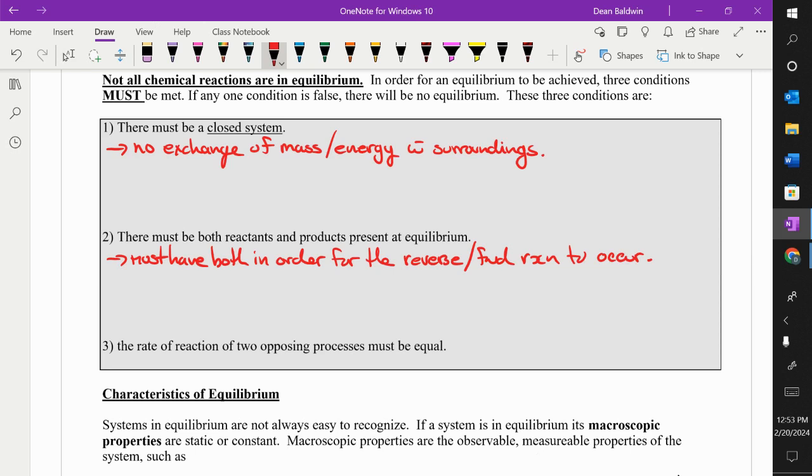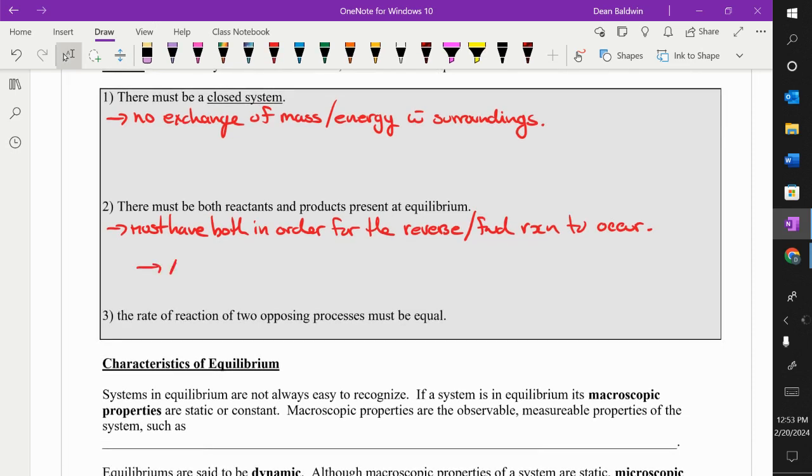No. It's not about concentration. It's about the rate. And you'll see probably tomorrow that they're not always equal. Sometimes they can be, but not always. So in other words, if I added sodium chloride to water, and it all dissolves, all right, are we at equilibrium?